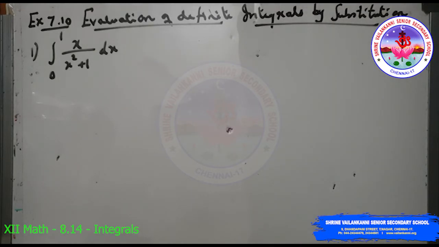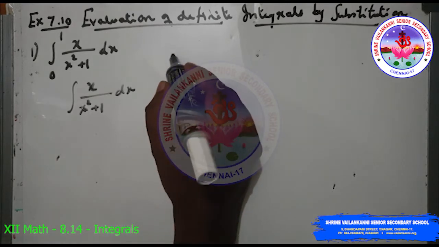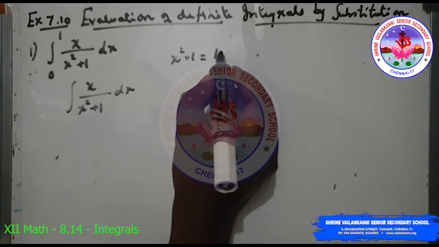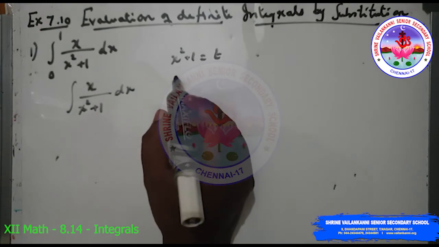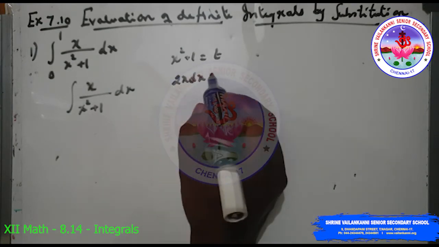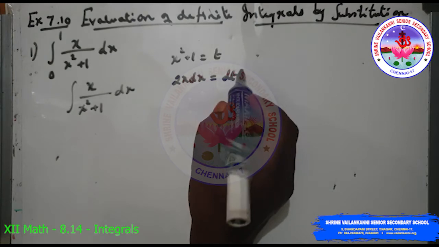The first step, consider the integral without limits and substitute to reduce the given integral to a known form. So the first step, without using the limits, we have to use the substitution method. So we are taking x square plus 1 as t. Differentiating this, we get 2x dx, which is equal to dt.